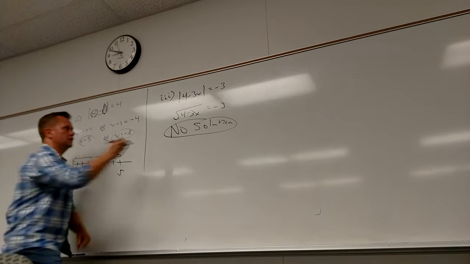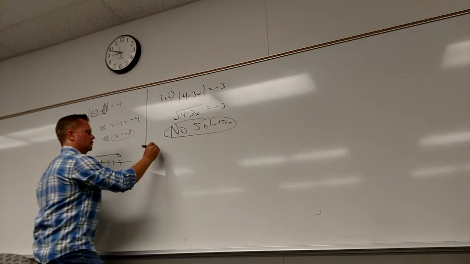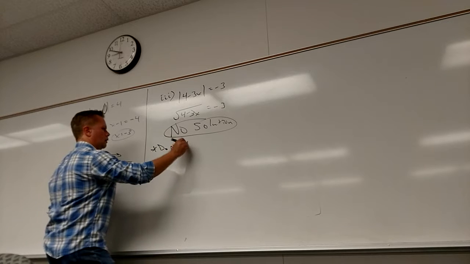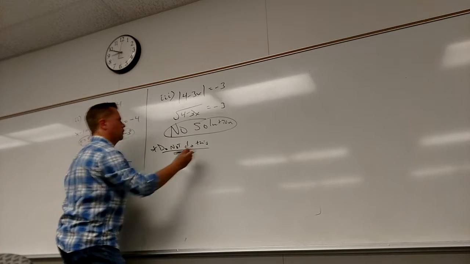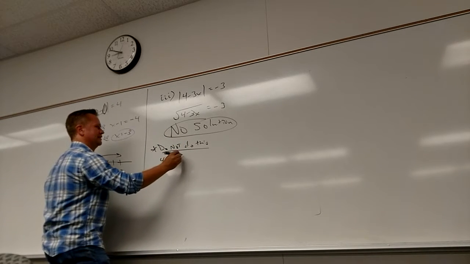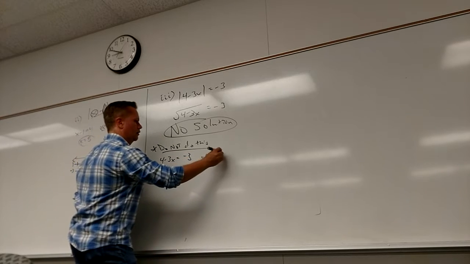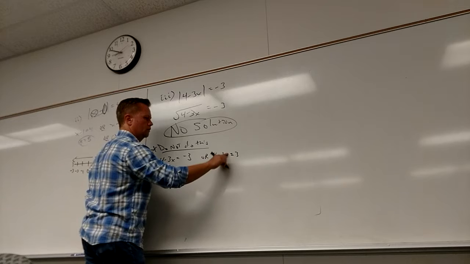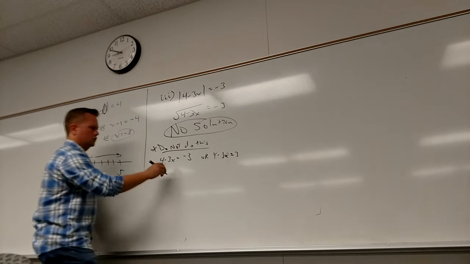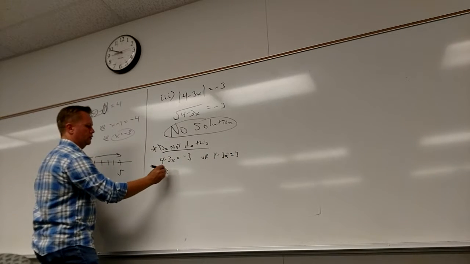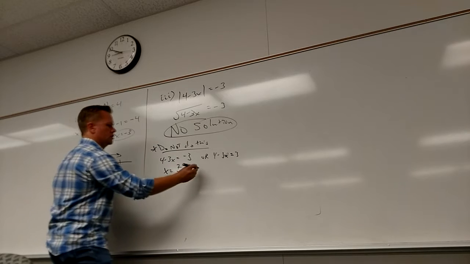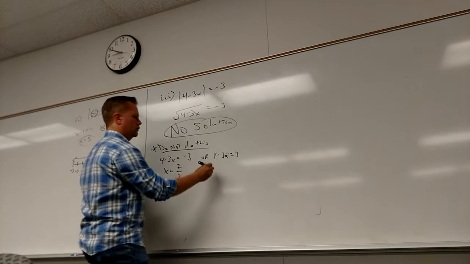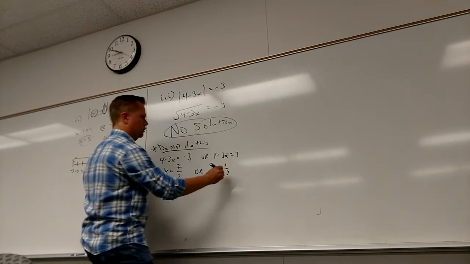Now real quick, if you did set up both cases, you see how you're going to get two answers? If I subtract 4 divided by -3, I end up with 7/3. If I subtract 4 divided by -3, I end up with 1/3.